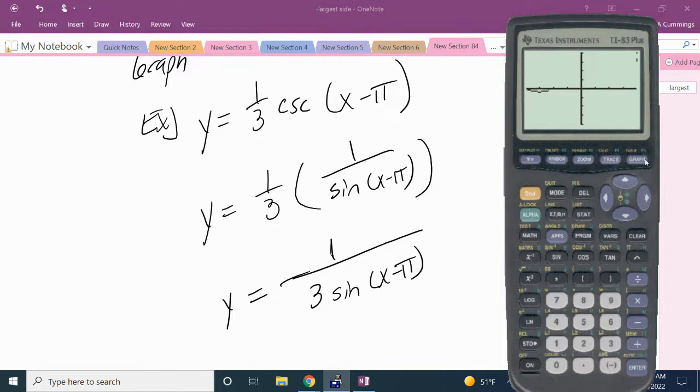We actually would be graphing a sine curve, because what your calculator is doing is performing the order of operations in an incorrect fashion. It's actually dividing 1 and 3, and then it's evaluating the sine. So without a set of parentheses in the denominator, you won't get the right graph because your calculator is not performing the order of operations. With that extra set of parentheses in the denominator, notice that we now have the cosecant function.